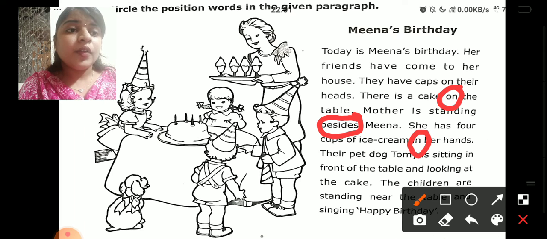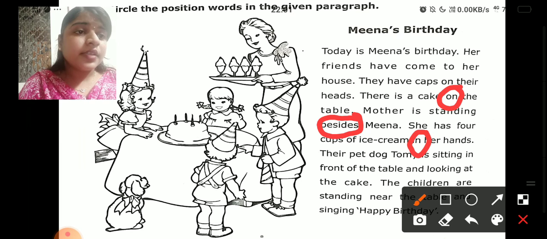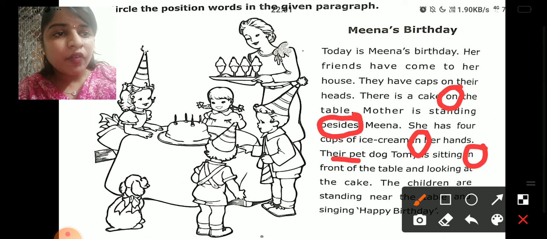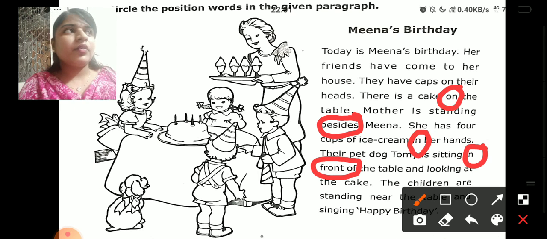Their pet dog Tommy is sitting in front of the table and looking at the cake. So your position word is in front of. In front of. Okay, children.